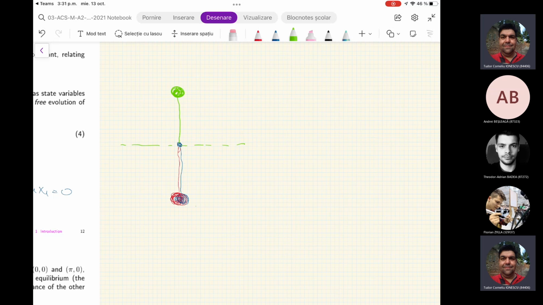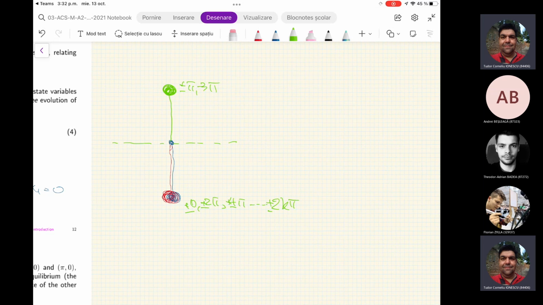These equilibrium points correspond to the points 0, 2 pi, 4 pi, and usually 2k pi. And these here correspond to pi, 3 pi, and of course plus minus, actually. This can be plus or minus. Plus minus 5 pi. So in general, plus minus 2k plus 1 pi.